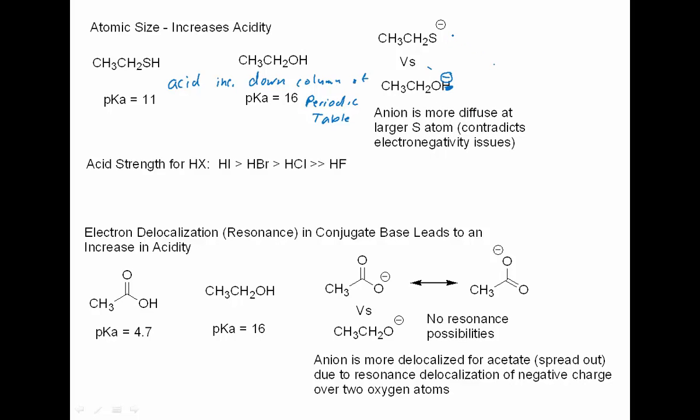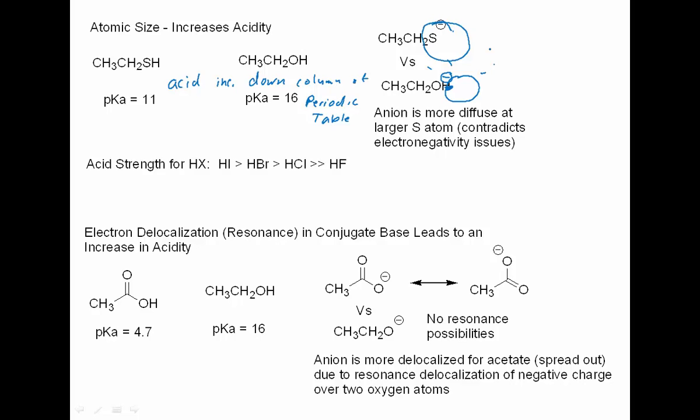If we look at how this anion is distributed, we have a negative charge distributed over a certain area, and here's a much smaller area here. So there's a greater concentration of excess negative charge in the oxygen species than in the sulfur species. And this accounts for why the sulfur compound is more acidic. It leads to a more stable anion after you remove the proton. Thus, the proton is easier to remove.